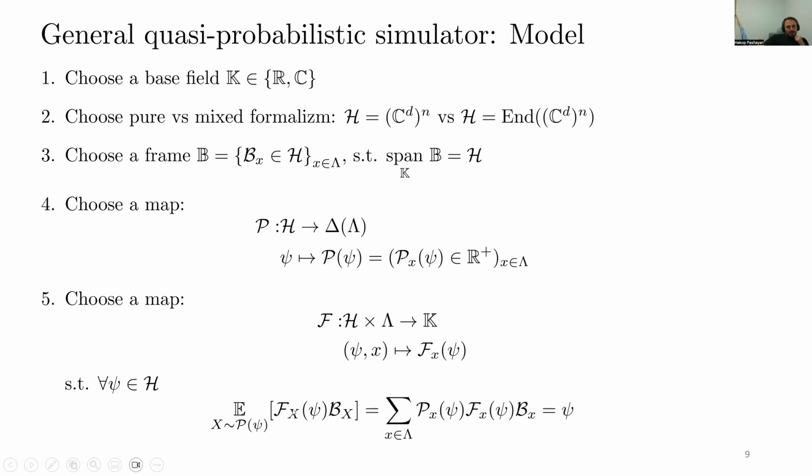Recall this F and this probability distribution both depend on psi. And when you take this expectation value, you should get psi. So can we think of F as a dual frame? No, it's not a dual frame yet, but dual frames will come soon. F is just a constant, not an operator.